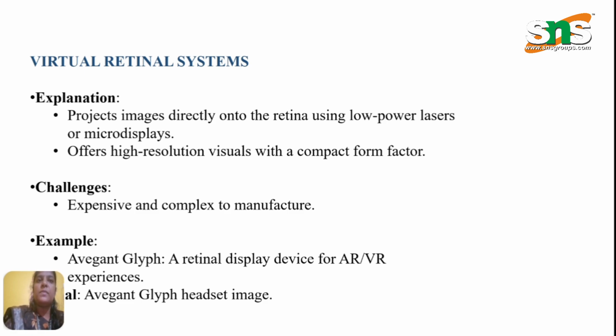In simple terms, instead of displaying images on a screen, it beams them straight onto your eye, creating a very bright, high resolution and realistic visual experience. A well-known example is the Avegant Glyph headset. It uses this technology to deliver both AR and VR visuals in a compact device.